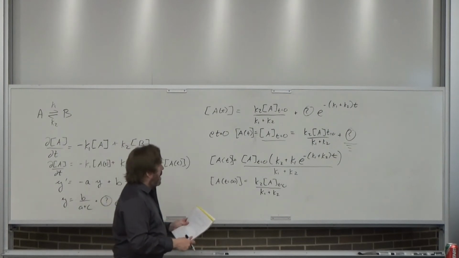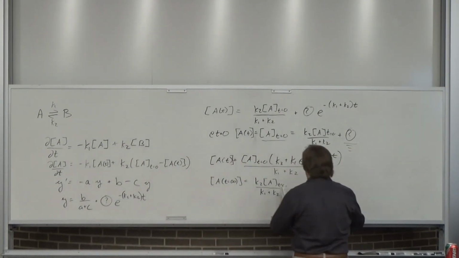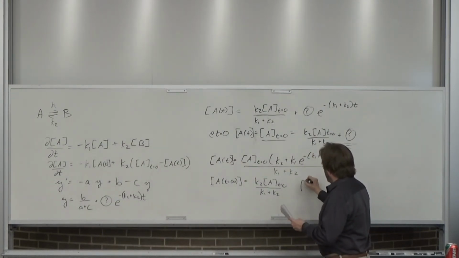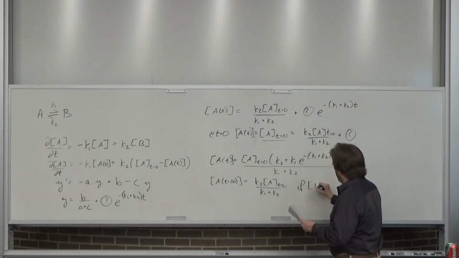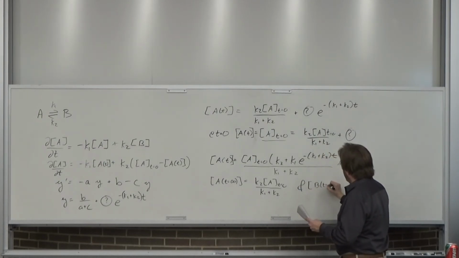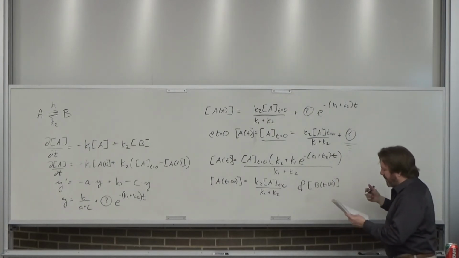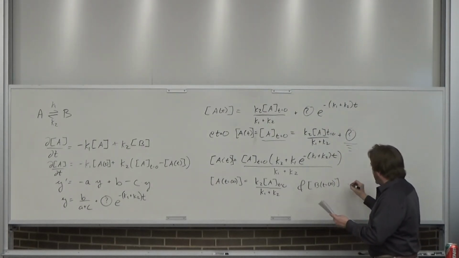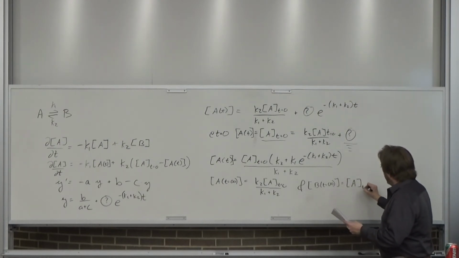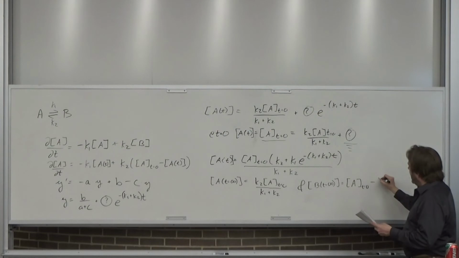Okay. Now, I didn't solve for B, but it would be the same rigmarole. Yeah, it'd be very, very similar. Actually, you know what that would be? That would be A at time equals 0 minus the concentration of A at time infinity.